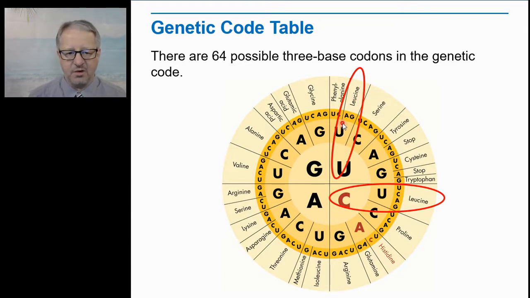Okay, so UUA and UUG. We also can get leucine over here. You see leucine. It's coded with CUU or CUC or CUA, and finally CUG also codes for leucine.